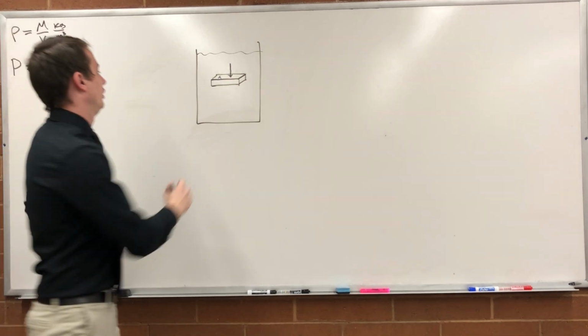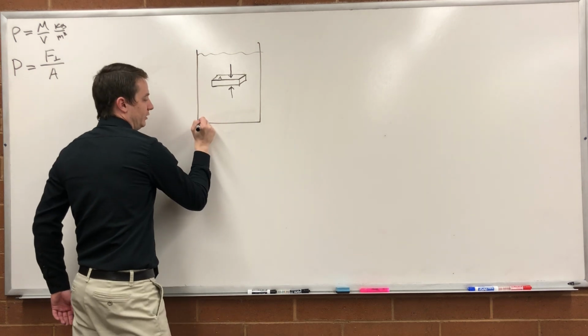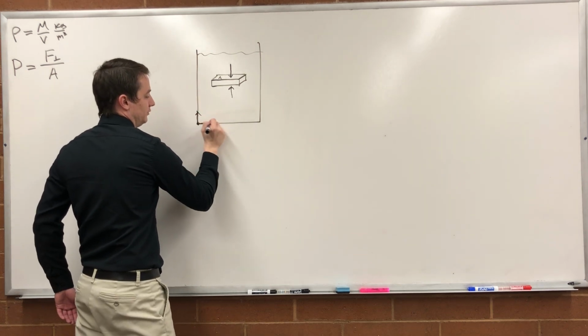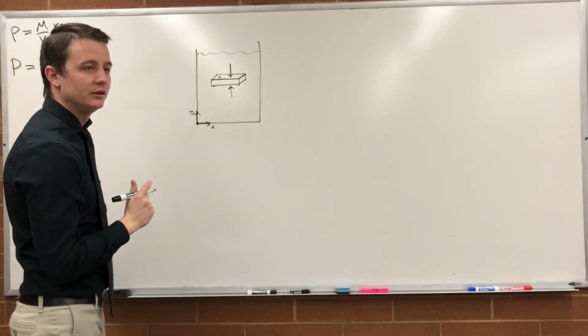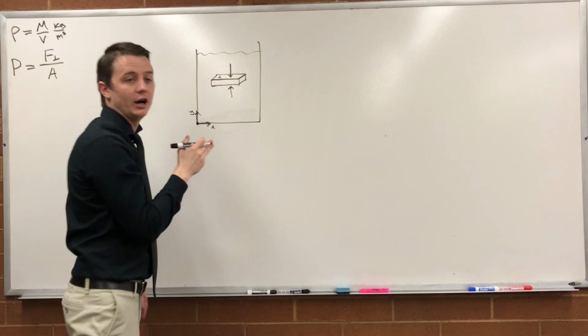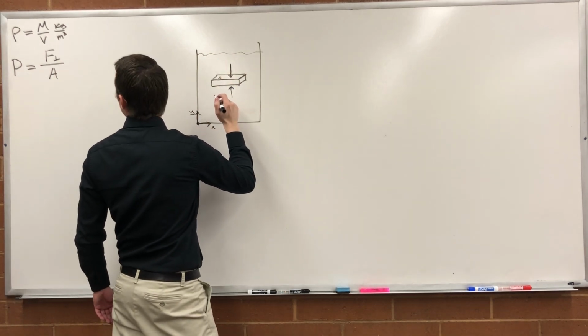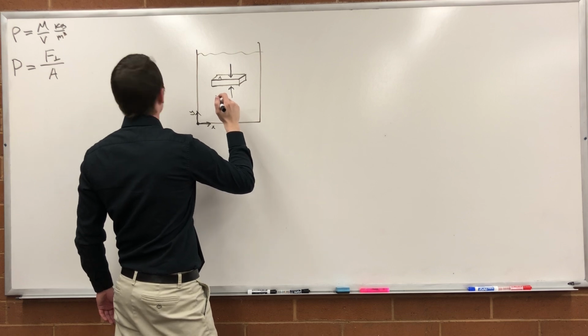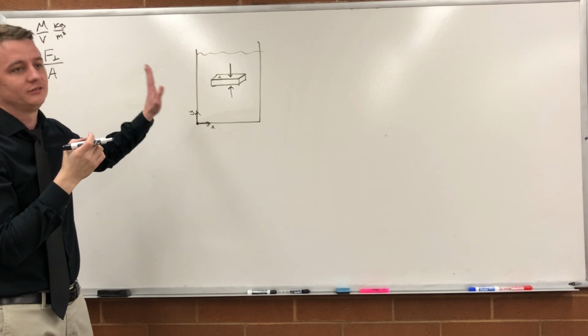So let's start from the bottom, because I'm going to call this point right here my xy axis. So I'm going to go up. Starting right here, we have a pressure pushing up on this block. The water's holding still, and we're writing out the forces.